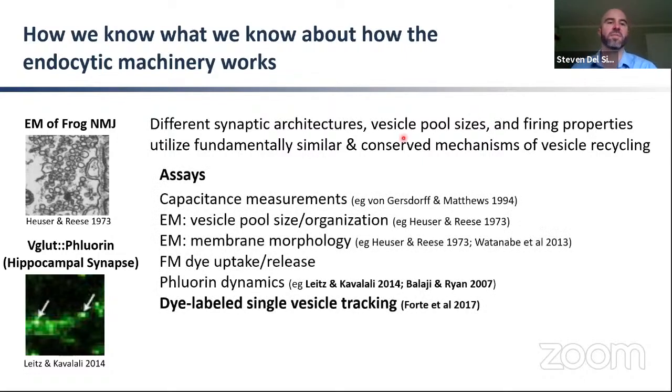And we know this from assays like capacitance measurements that allow very highly time-resolved measurements of membrane dynamics, from EM studies, for decades, which have provided a very high degree of spatial detail in terms of the membrane remodeling dynamics, assays that can track endocytosis kinetically, such as dye uptake and release, or pH-sensitive fluorescent protein dynamics.